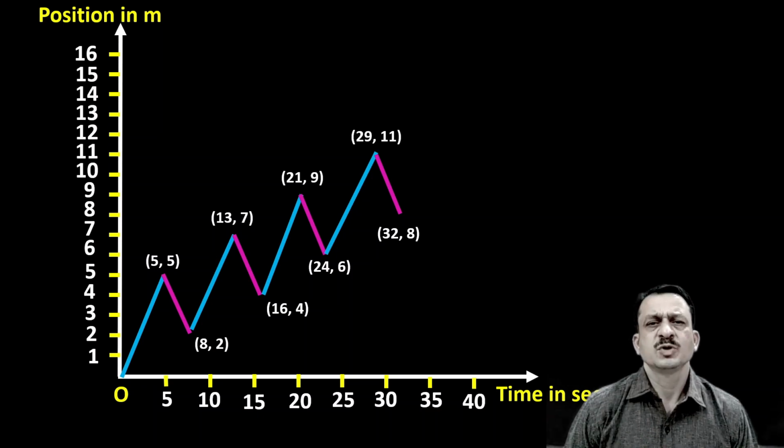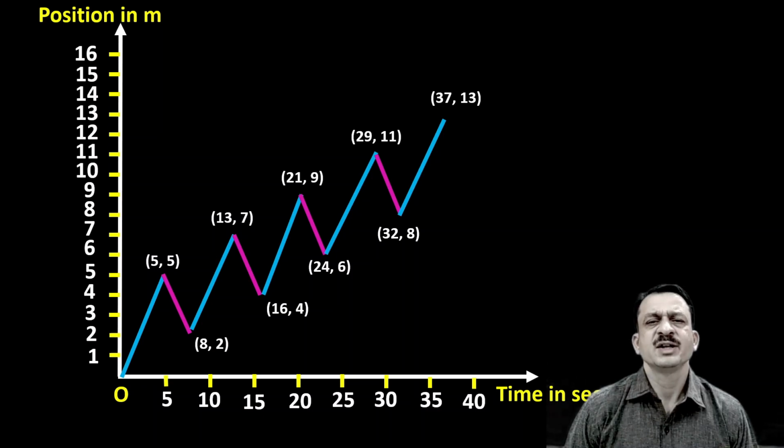Now from this position he is once again stepping forward. Now what are the coordinates here? Look here. 32 plus 5, it is 37, and 8 plus 5, it is 13. But in the problem the pit is at a distance of 13 meters from the starting position. So at this position he reaches the pit and he falls down.